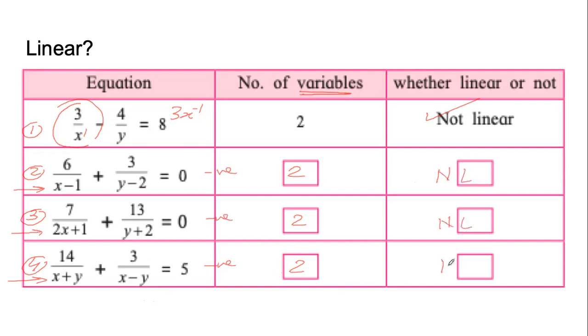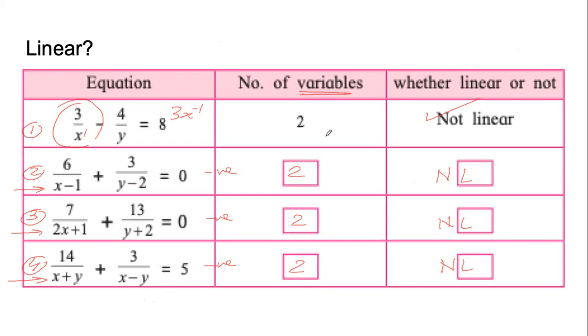I'm not asking you to write NL in your answers. Just for this class, for ease, I'm writing NL, not linear. And the reason is the power of these terms is not 1, it is negative. We don't even need to know how much negative.